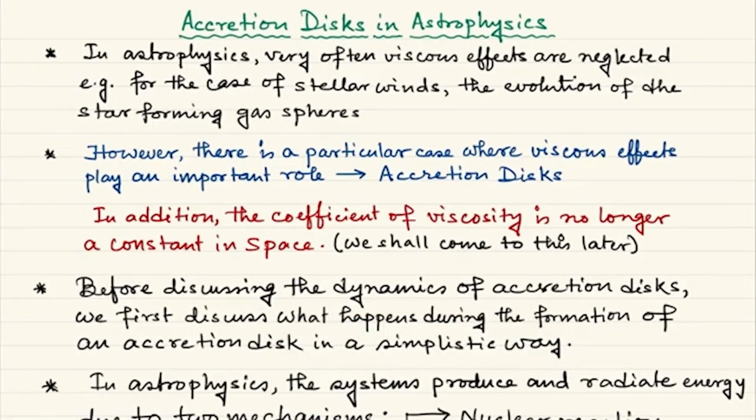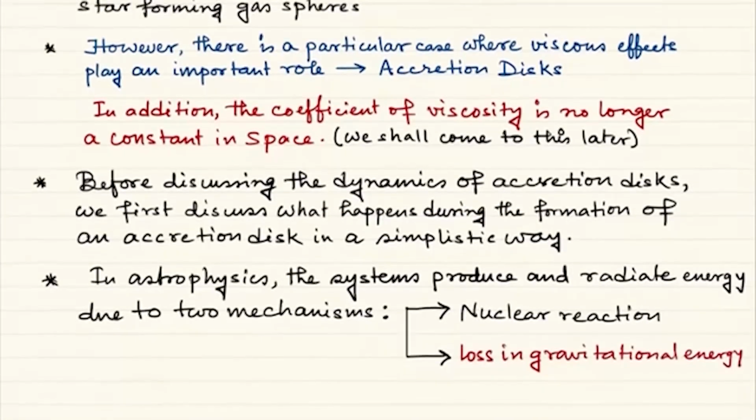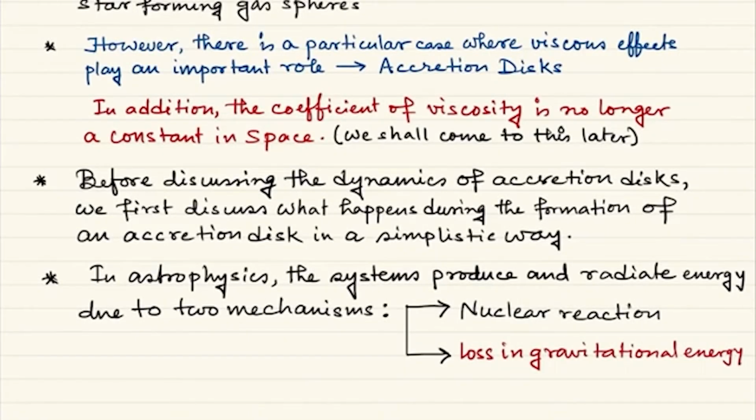Now, in astrophysics, there are two types of mechanisms which principally produce energy. One is the famous nuclear reaction, we all know about that, and the second one is the loss of gravitational potential energy. That lost energy basically gets converted into radiation.